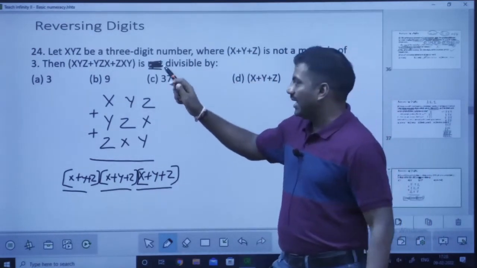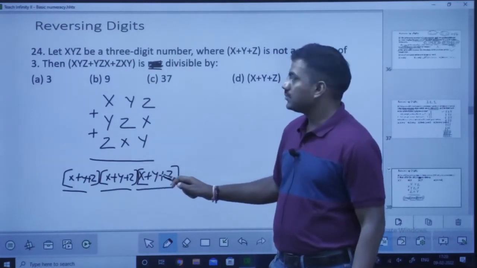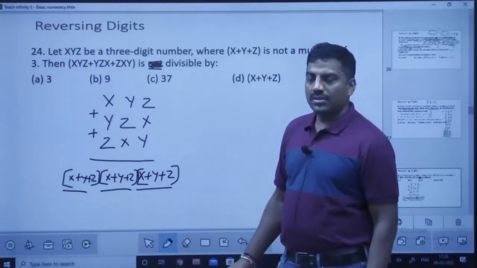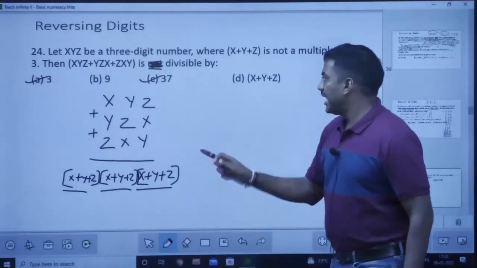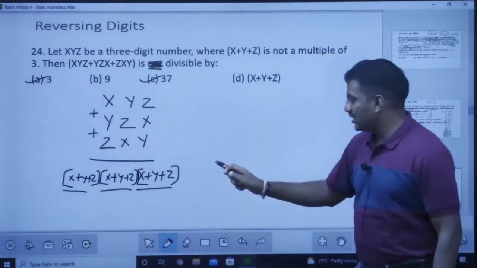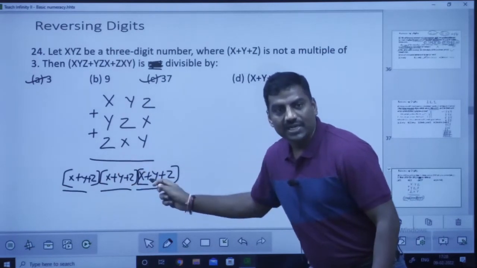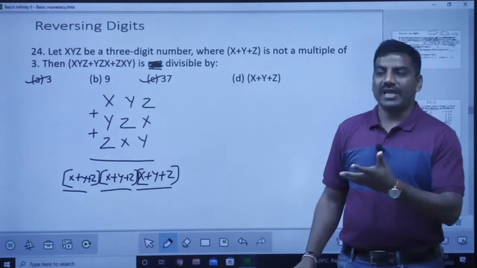Now read, then this sum is divisible by 37 for sure, 3 for sure, X plus Y plus Z for sure, because this number maybe it is 2, maybe it is 5, maybe it is 8. This is repeating 3 times. For example, 555.